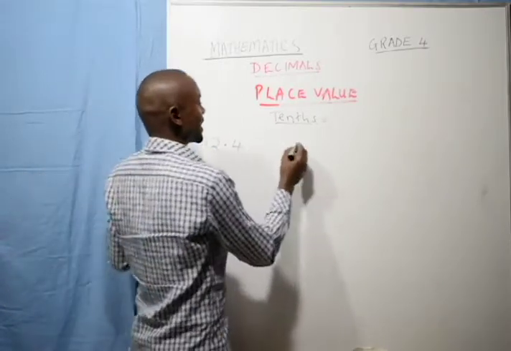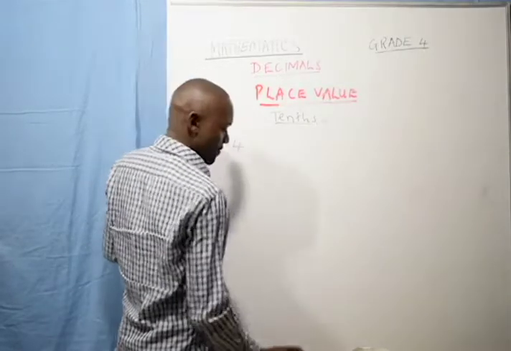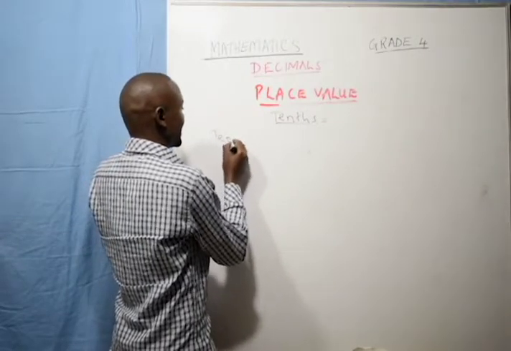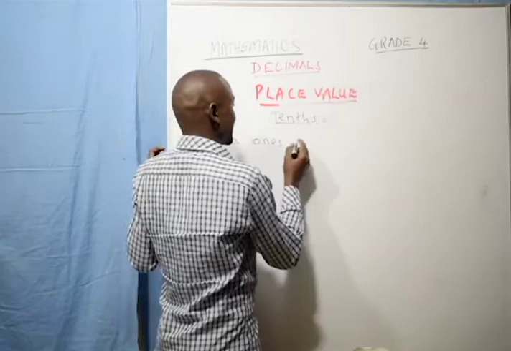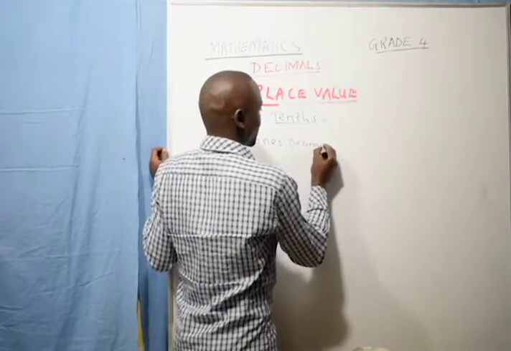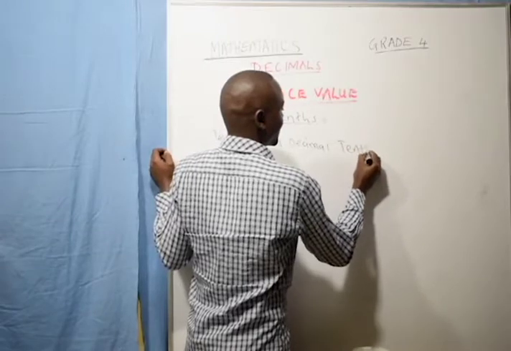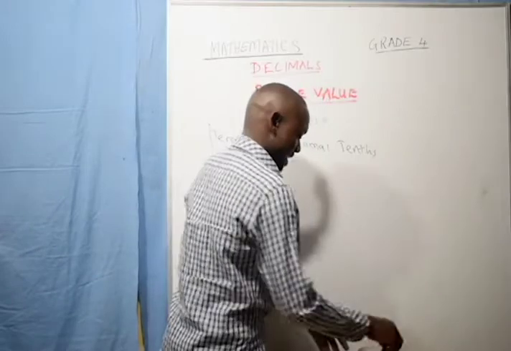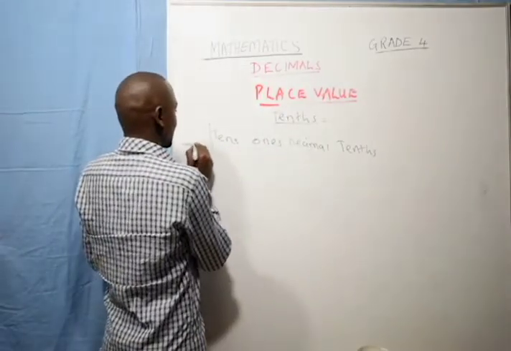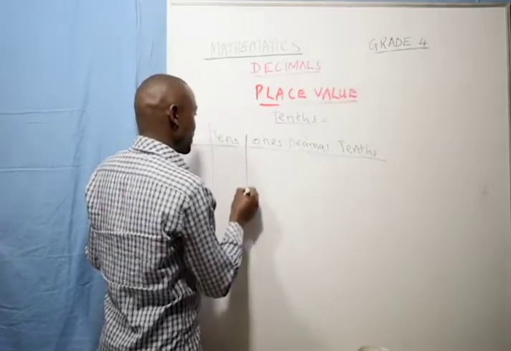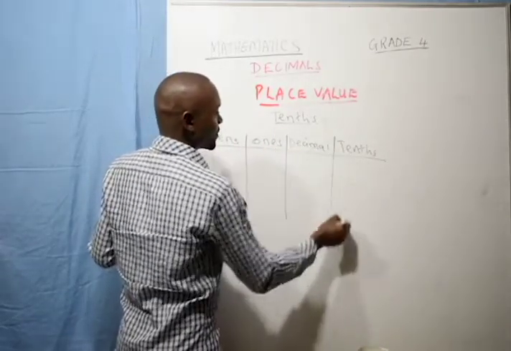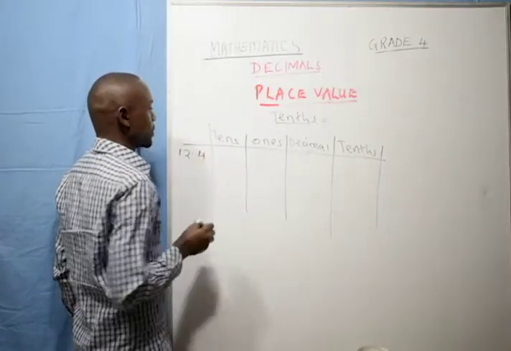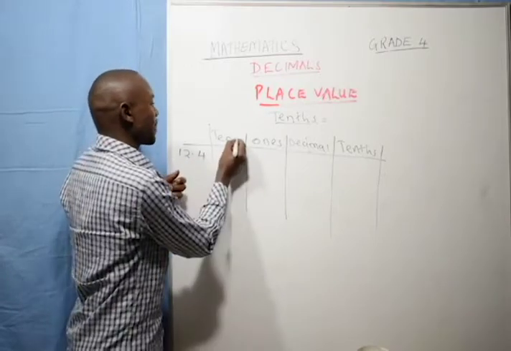We have a table here which we are going to fill to show the place value of numbers. We have the tens, the ones, the decimal, and the tens. We begin with the first number, 12.4.